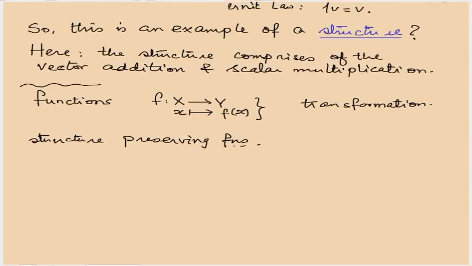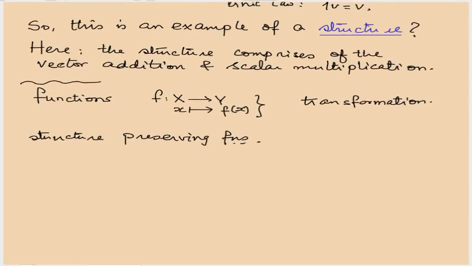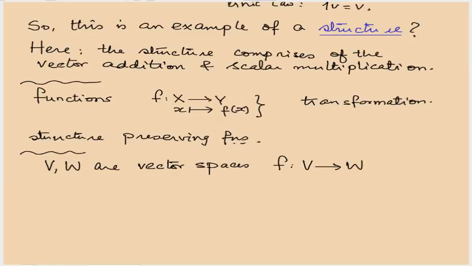So here it is something similar. So suppose we have two vector spaces, V and W are vector spaces. And f is a function from V to W. So it takes in vectors from V and returns us f(v), which is a vector in W. Now, what do we mean by the structure preservation by this function?